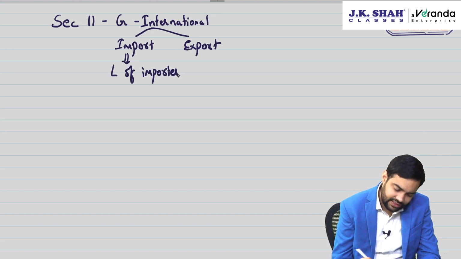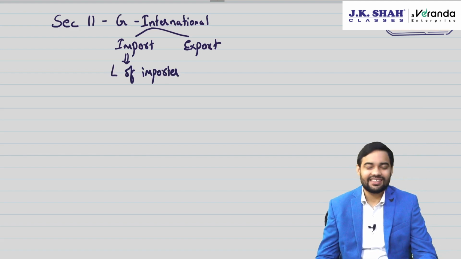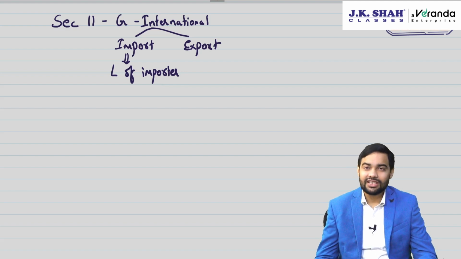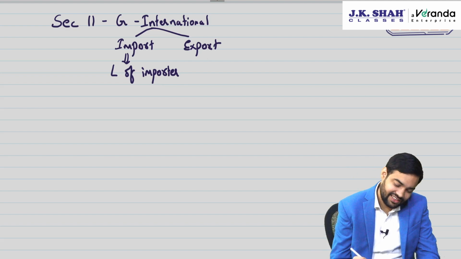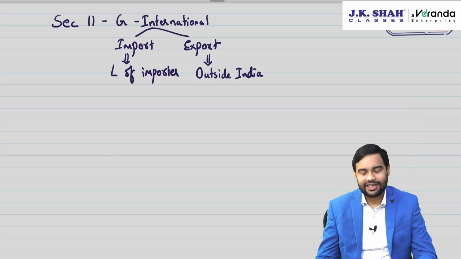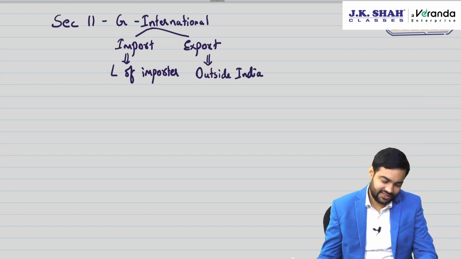It does not say location where the goods were imported, because the importer might be in Karnataka but the goods would have come to Chennai port. Location of importer. Export, the place of supply will be outside India, because the moment it is outside India, we'll start getting export benefits.